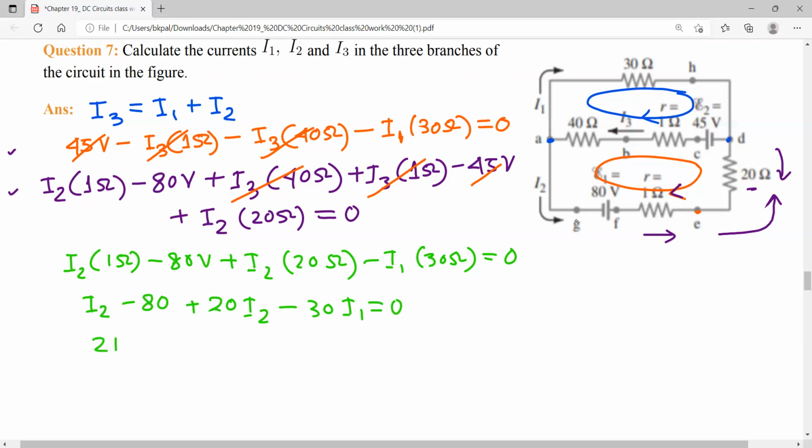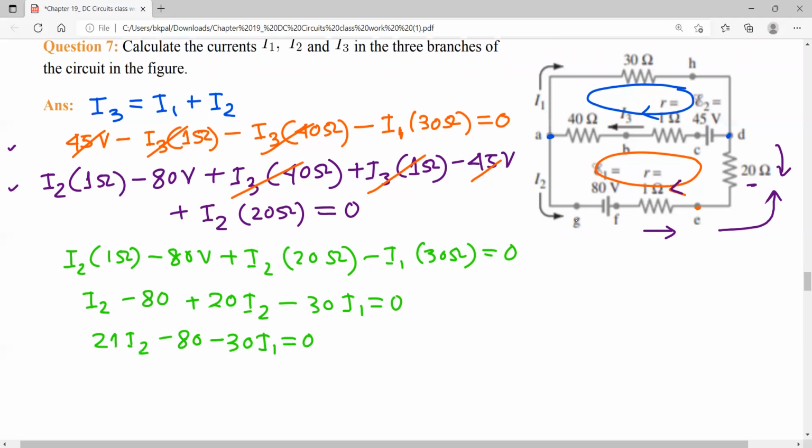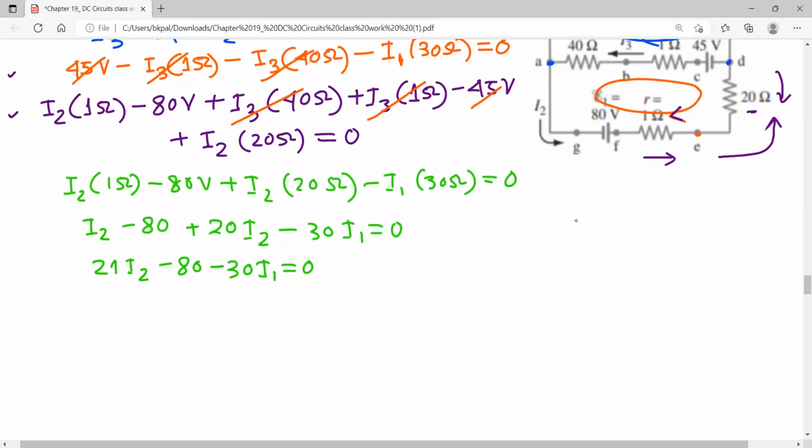So 21 I2 minus 80 minus 30 I1 is equal to 0. If I solve it for I2, I get something like this: I2 will be 80 plus 30 I1 over 21.